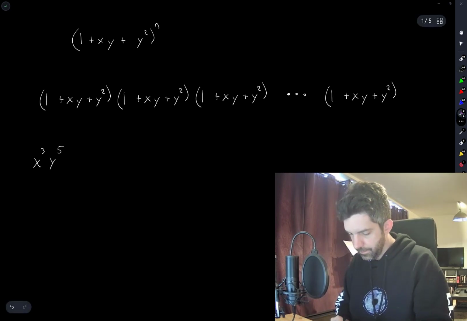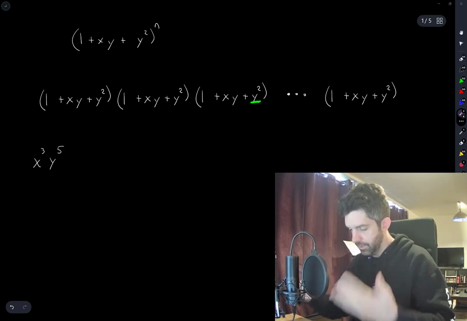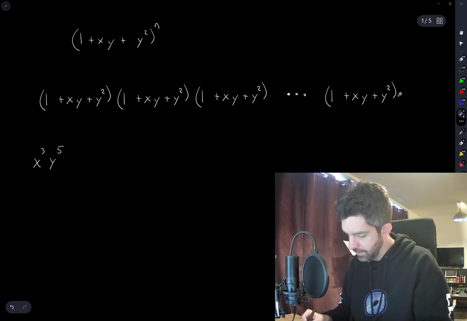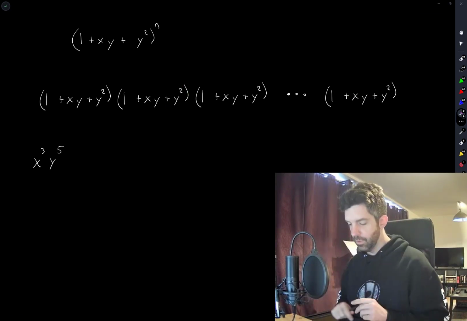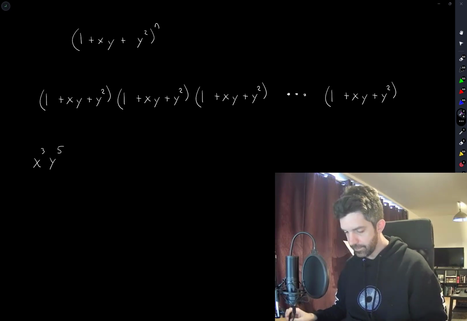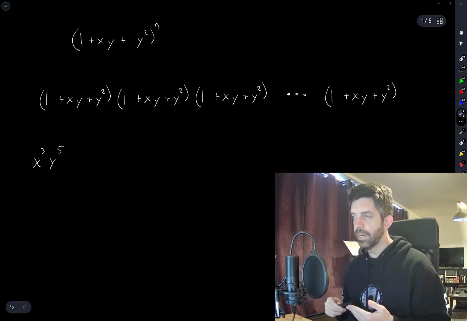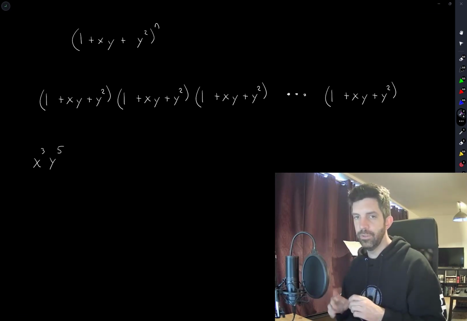So that means this thing has to get multiplied by itself 3 times, and then this thing has to be picked up once. I could take that one and that one and that one, and also that, or I could take that one and that one and that one, and take the y squared from there. So of n buckets, we need to choose that out of 3 of them and that out of 1, and we want to count up how many different ways we can do that.